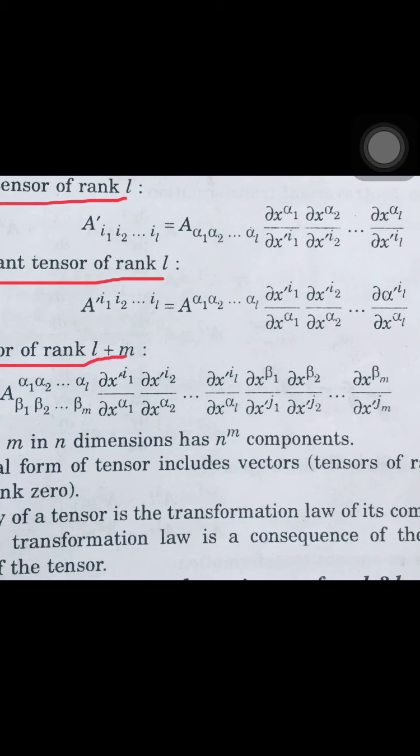So this is the main difference you are seeing here. Del x dash i1 over del x alpha 1, del x dash i2 over del x alpha 2, and so on. So in numerator we have the dash component, and in denominator we have the without dash component. So this is a contravariant tensor.